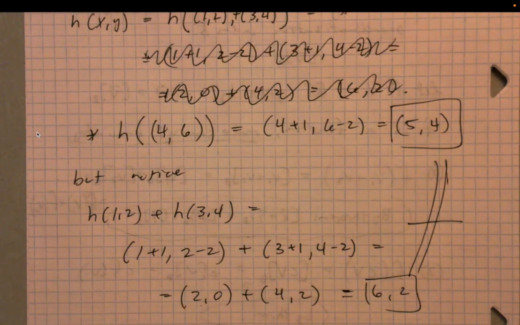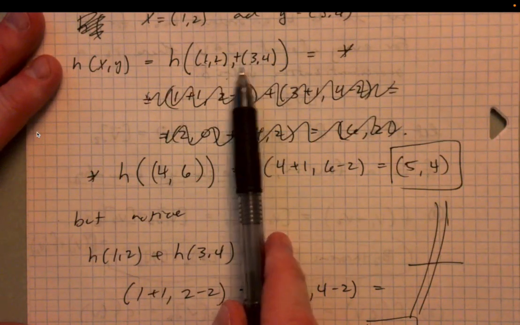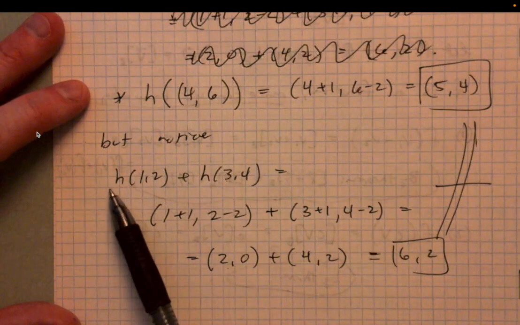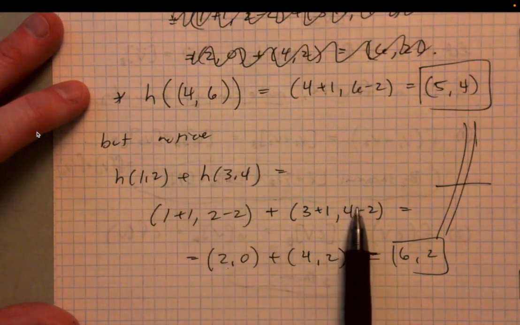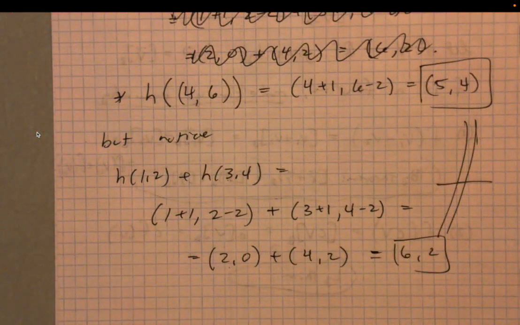Okay, and I kind of butchered that example, but you can trace through that again. The punchline is, if I add the vectors first and then I apply h, I get (5, 4). But if I apply h separately to the vectors and then add them, I get (6, 2). So vector addition is not preserved for this function.